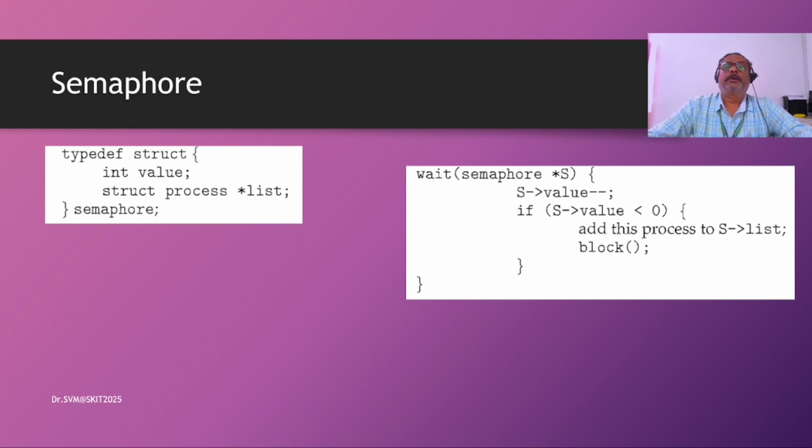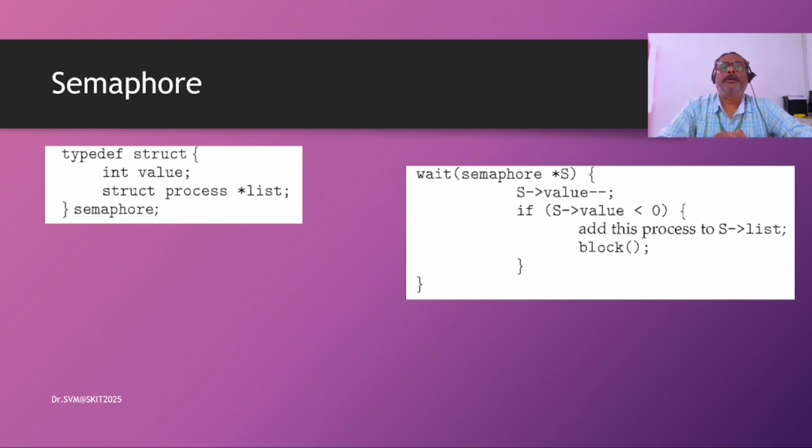Before blocking it, make sure to remember which process was requesting, so put that in the block list. We have a list for that particular semaphore. So add it to that list and block that process. Done. That process is no more executable. It goes into the block state.